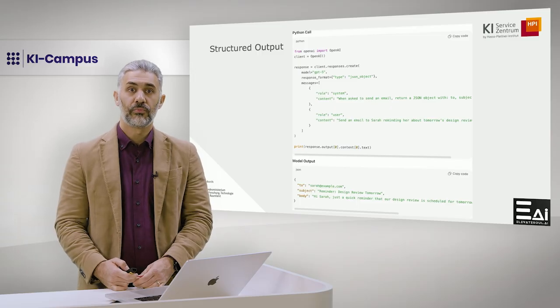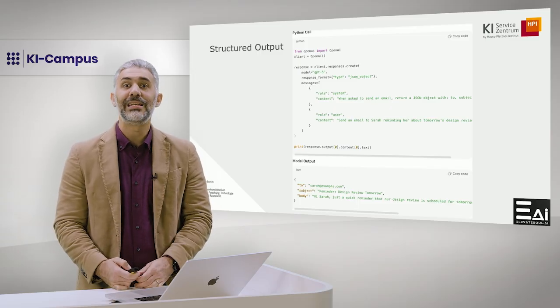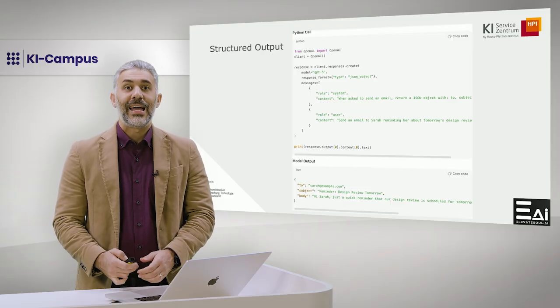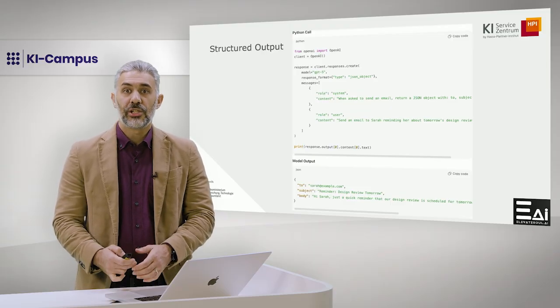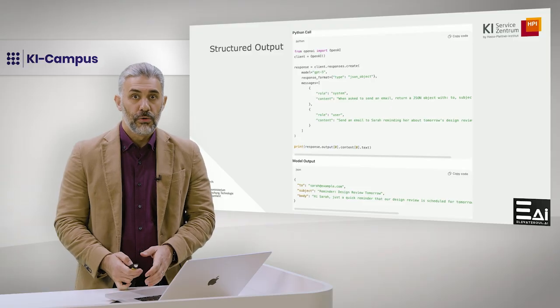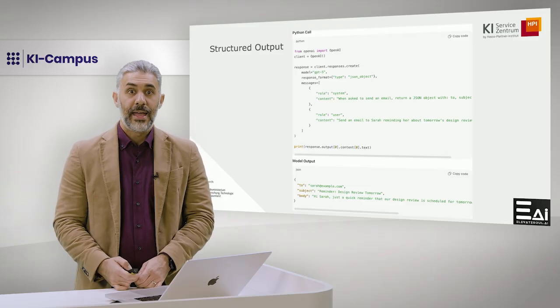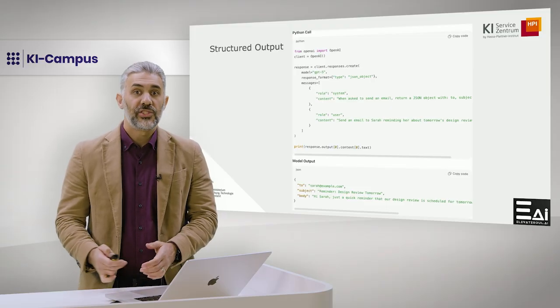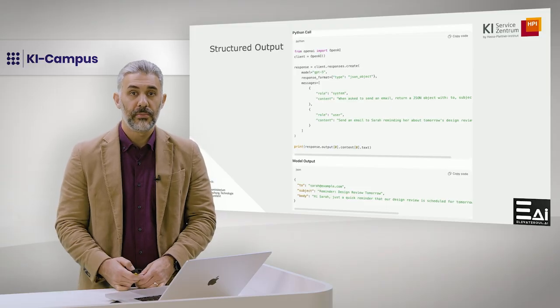For example, a code executor needs arguments and variables, not a paragraph. An email sending tool needs clear fields for to, subject, and body. A meeting scheduler needs a date, time, and list of participants, not a story about the meeting.